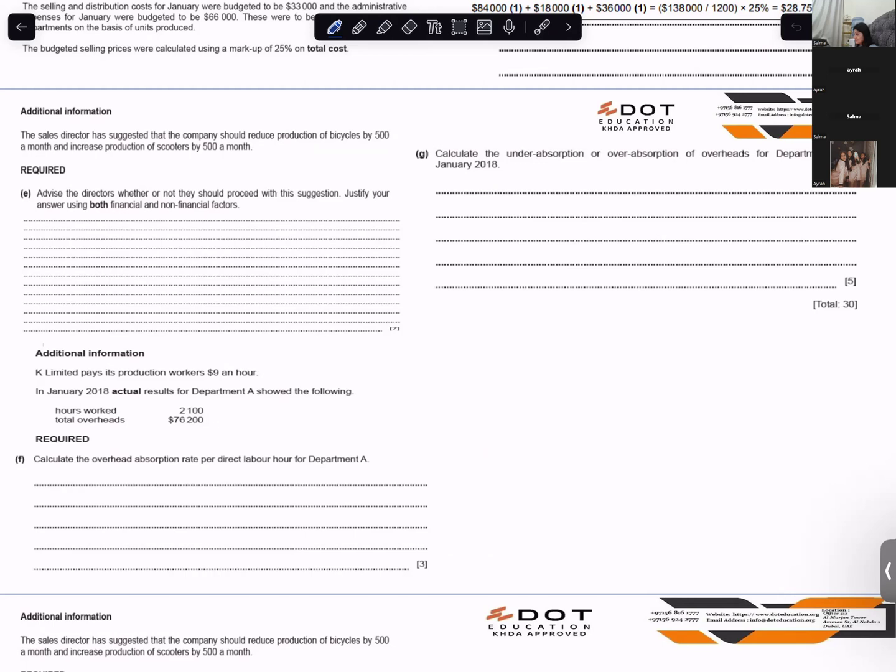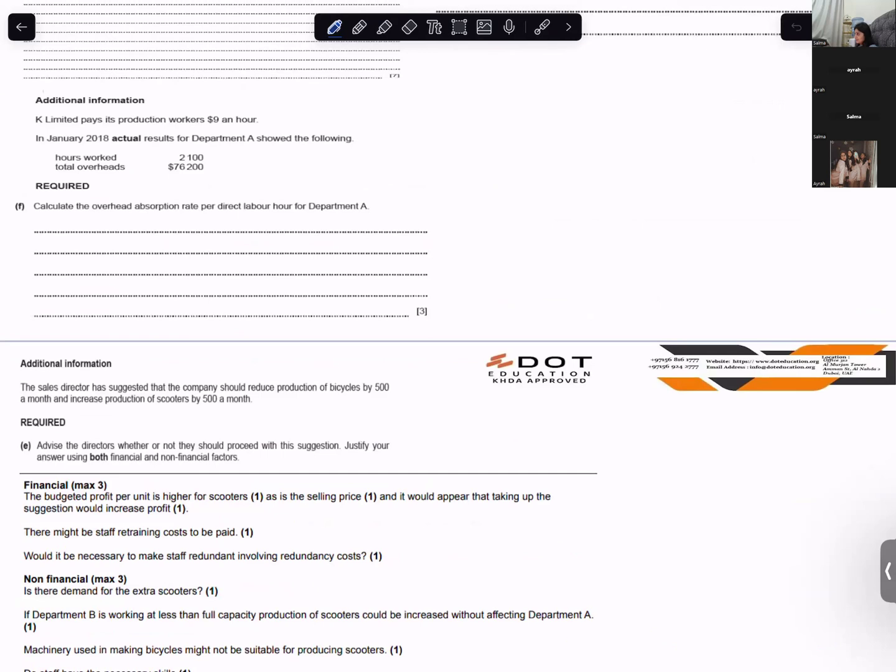Actual overheads means the actual expenditure, and absorbed means how much you have recovered. If actual is more and absorbed is less, you have under absorbed, so the answer is positive. If actual is less and absorbed is more, the answer is negative, so over absorbed.